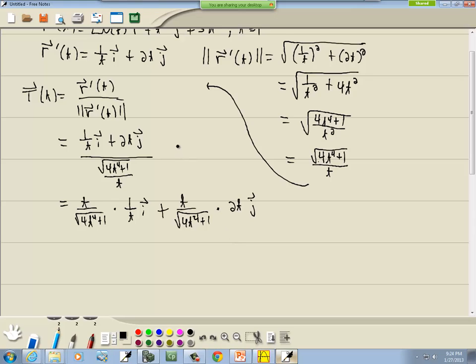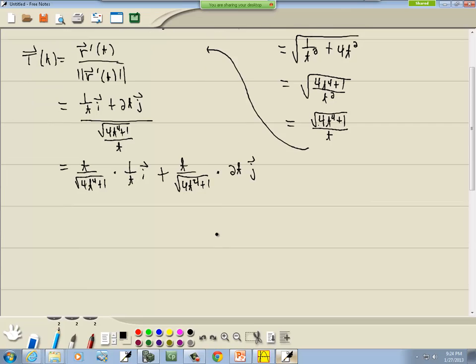Okay, let me just double check everything here. These t's cancel, and we're going to have 4t to the 4th plus 1 to the negative 1/2 power, i. Those t's canceled. This is the 1/2 power, and I took it up on top and became negative 1/2 power.